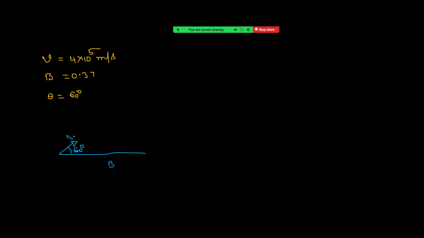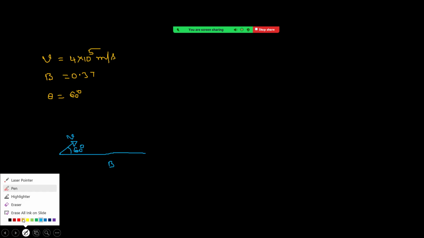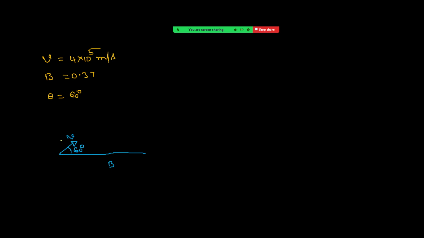This is field. Now we can take for velocity two components. One is along the field, that is V cos 60, normal to field, that is V sin 60.